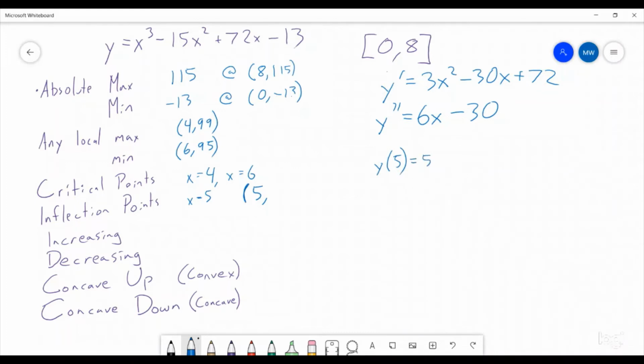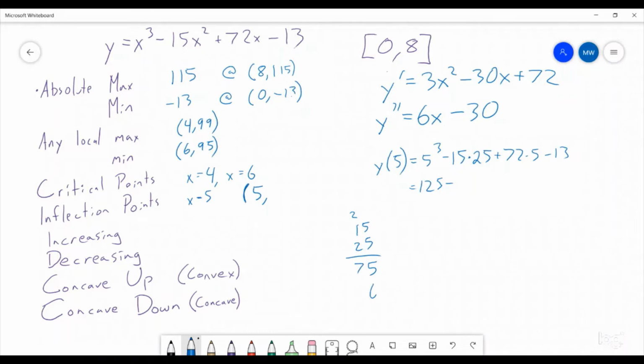Well, that's going to be 5 cubed minus 15 times 25 plus 72 times 5 minus 13. So that's 125 minus 15 times 25. Okay, let's just do that real quick. I'm not good at mental arithmetic.